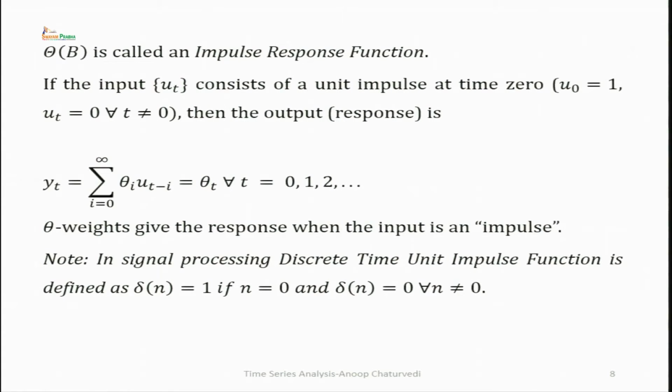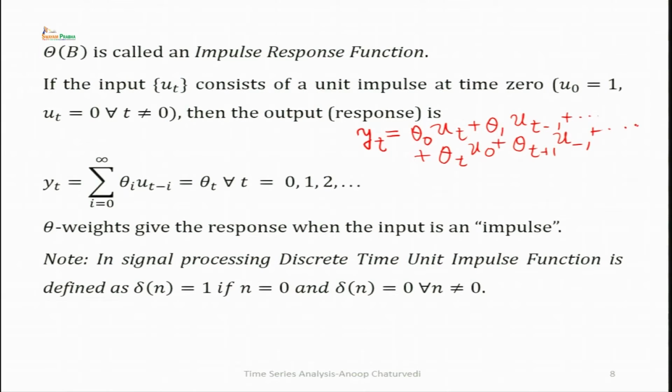Then the output is, say, y_t equal to theta_0 u_t plus theta_1 u_(t-1) plus, you get a term here, theta_t u_0 plus theta_(t+1) u_(-1) plus so on.